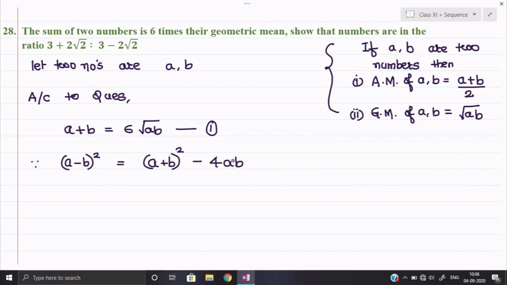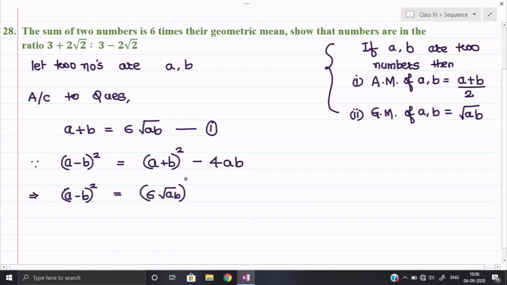Now in this formula, let us put in the values. (a minus b) whole power 2 I am keeping as it is. For a plus b I am putting 6 under root of ab from equation number 1, and minus 4ab as it is.